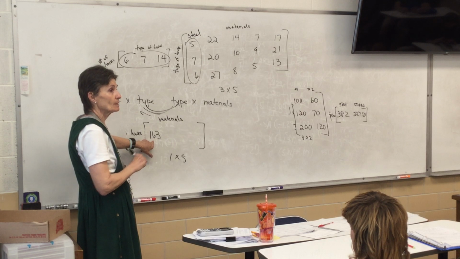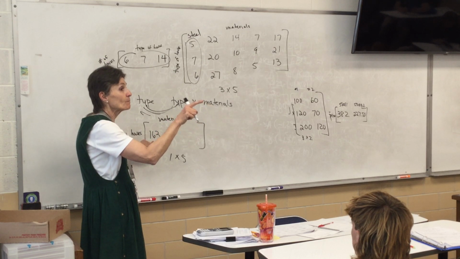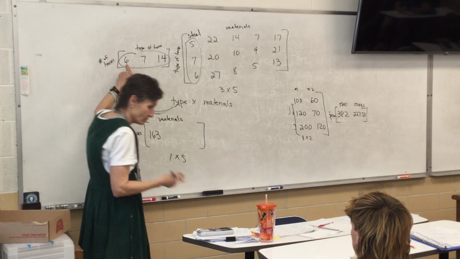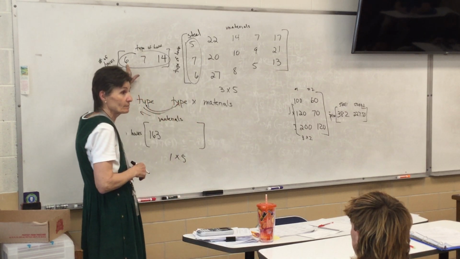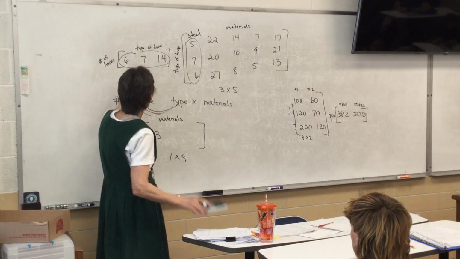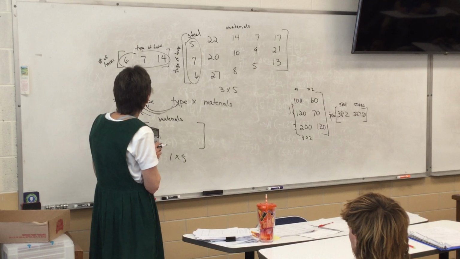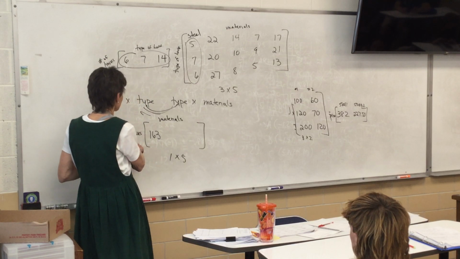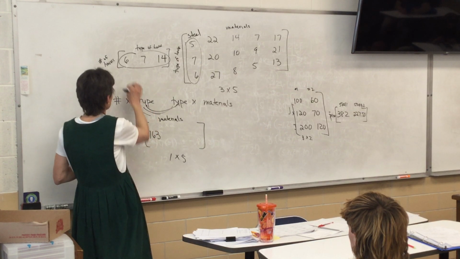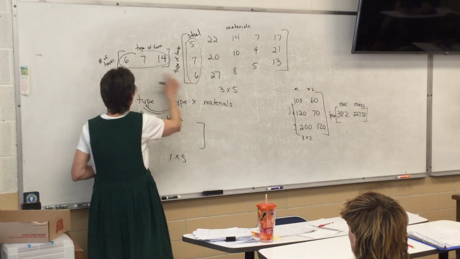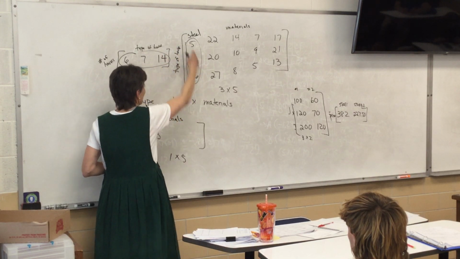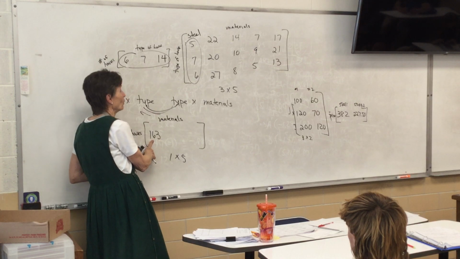The total amount of materials that you're going to need. It's the steel I need for my ranch houses. For my 6 ranch houses, this is how much steel I need. Oh no, that's total houses, not just ranches. Yeah, that's the total number, because this is all steel. So 6, 7, and 14. That's the total steel I need to do all of my homes.